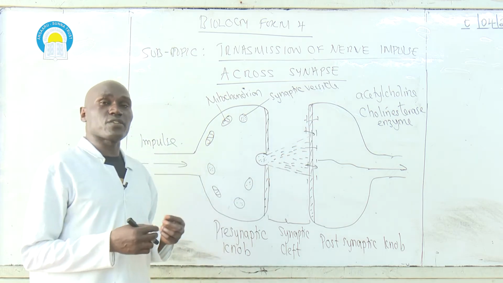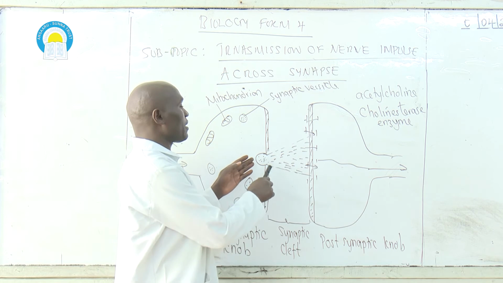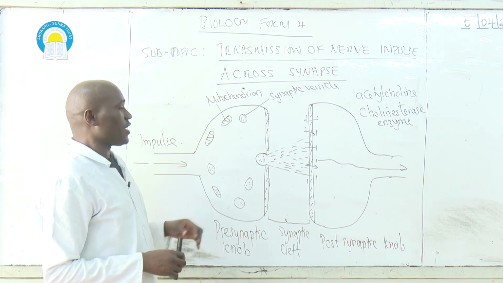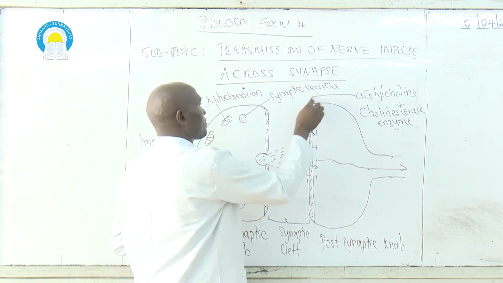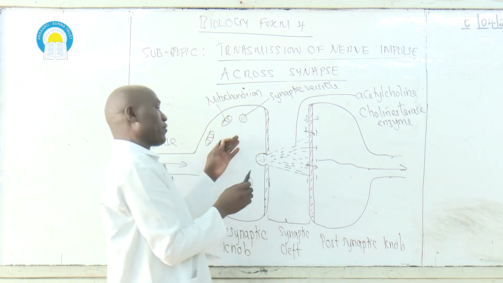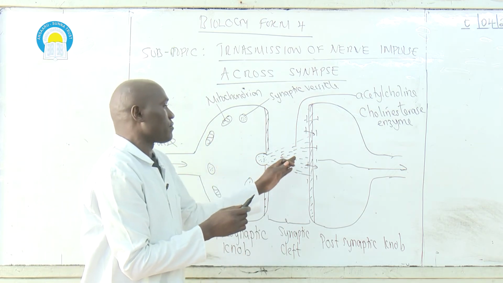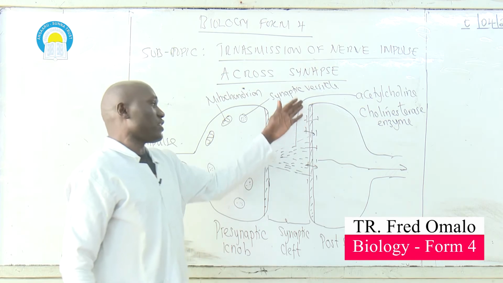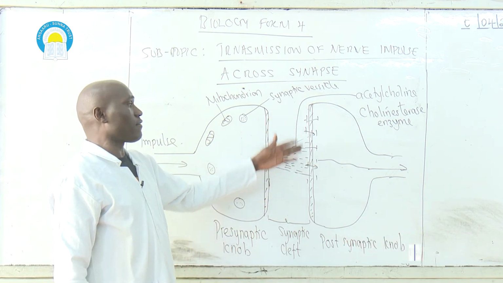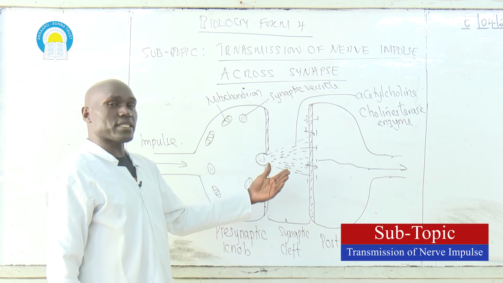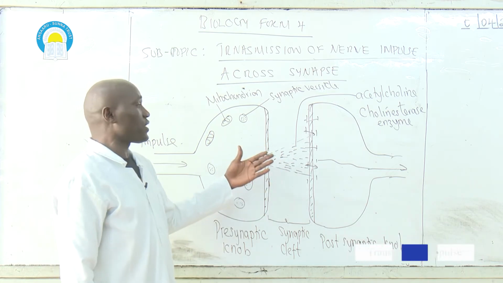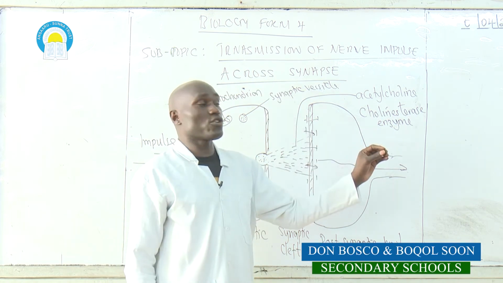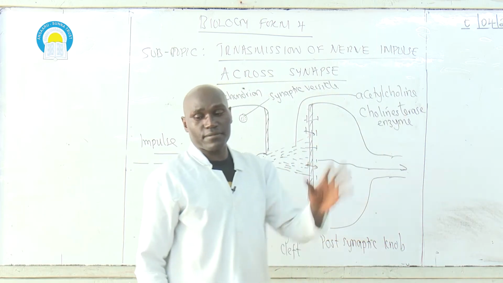Acetylcholine is the neurotransmitter substance, a chemical substance that will transmit nerve impulse across synaptic cleft. So this is the acetylcholine moving across the cleft from presynaptic knob to postsynaptic knob. At the postsynaptic knob, it brings about depolarization of postsynaptic membrane, and that depolarization generates a nerve impulse, which then moves across the postsynaptic knob and enters into the axon of the adjacent neuron, and the nerve impulse moves.